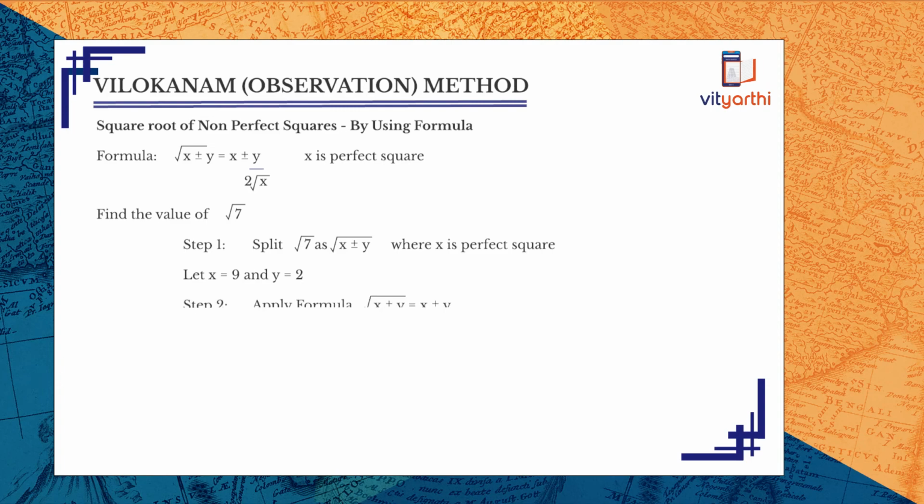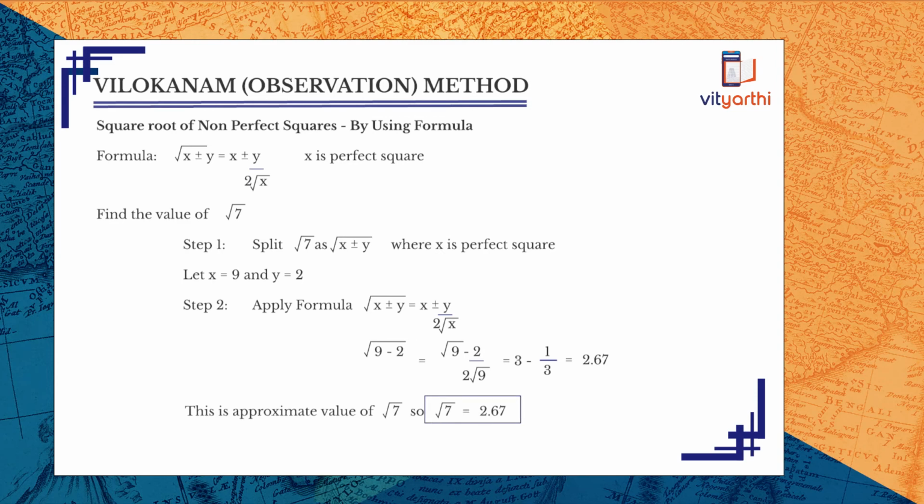Now we apply the formula. We get root of (9 minus 2) equals root 9 minus 2 upon 2 root 9, or 3 minus 1 by 3, and the approximate value is 2.67. Therefore, root 7 is 2.67.